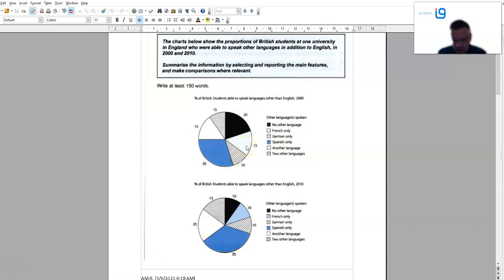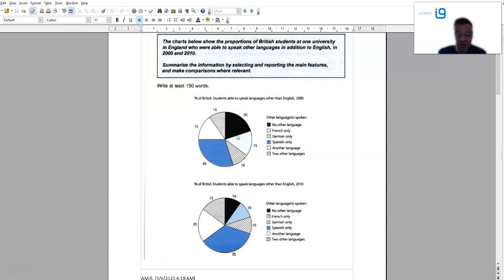The French has gone down, but another language increased. Another 2 languages increased, Spanish, and the number of people who only speak one has gone down. So if you take all this into account, it's obvious that more people can speak more than one language between 2000 and 2010.